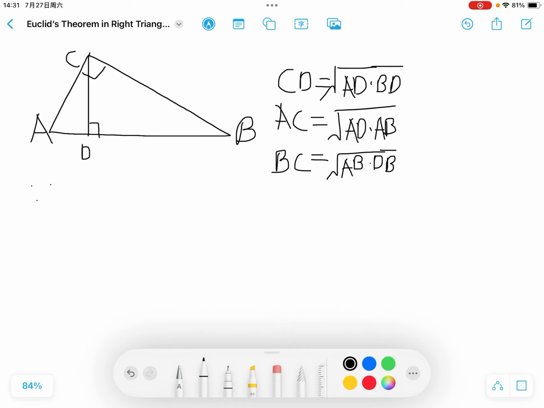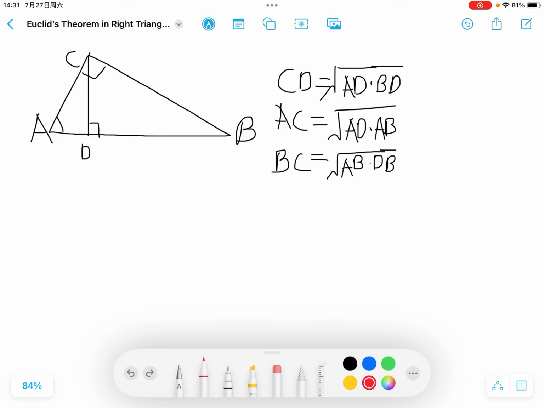So first we can prove that ACD is similar to ACB. ACD is similar to ACB because, firstly, we have this right angle, so we don't have to write that. It's obvious. And we also have this angle A, which is equal to itself, right? Angle A is in both triangle ACD and triangle ACB.